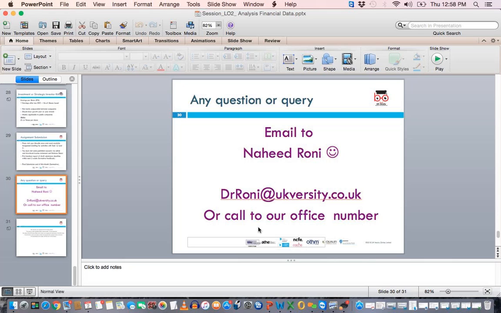On learning outcome 2, you'll be able to analyze financial data for an organization in order to inform strategic decision making. You have to interpret financial statements to assess the viability of an organization. So you need to explain a bit on the income statement and the statement of financial position, what their purpose is, and how you are going to interpret these different figures. That's the one criterion we are going to assess.